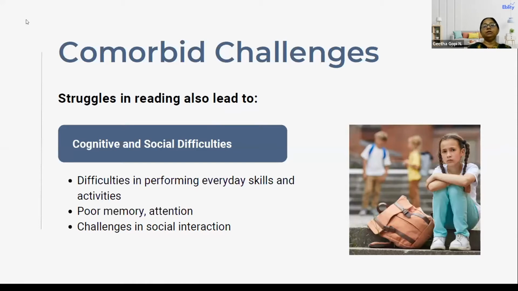So a lot of the skills and activities that they have to perform as part of their everyday school as well as home environment may also get affected because of this.